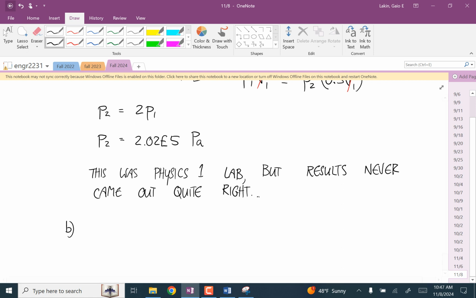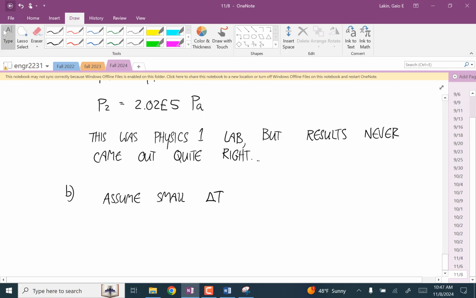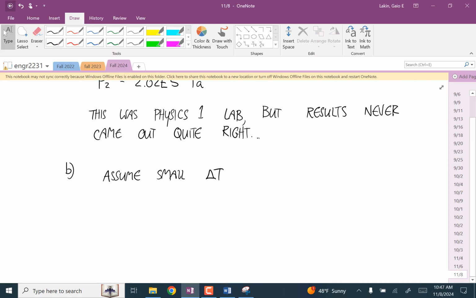And so the way that we would do this, we're going to assume that this is a small temperature change, small enough that we can use the equations and not use the ideal gas tables. So okay, we have these two equations.